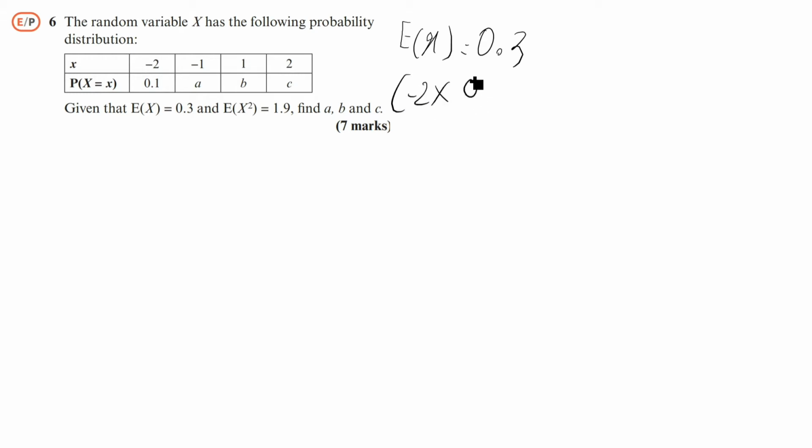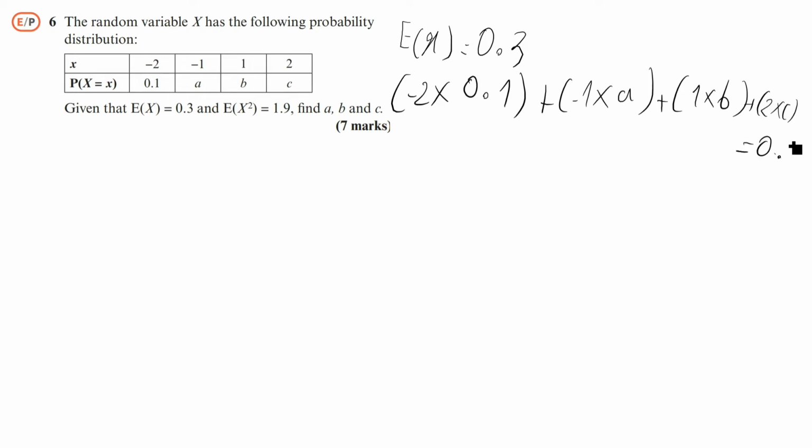So 0 minus 2 times 0.1 plus minus 1 times a and 1 times b plus 2 times c, which is equal to 0.3. Now we just need to simplify that to get an equation which has two unknowns.